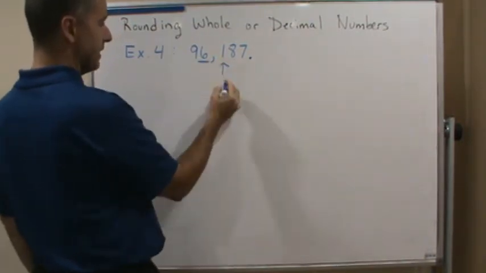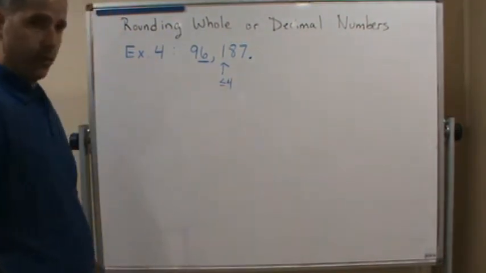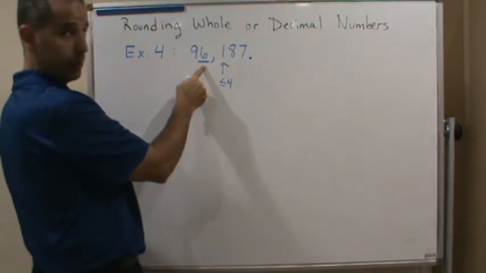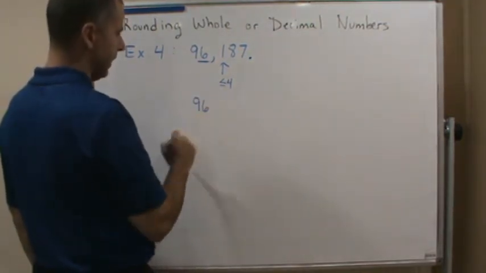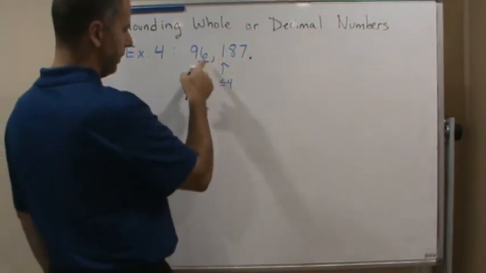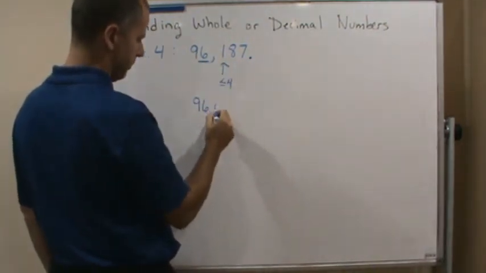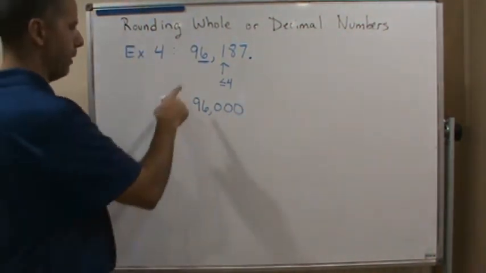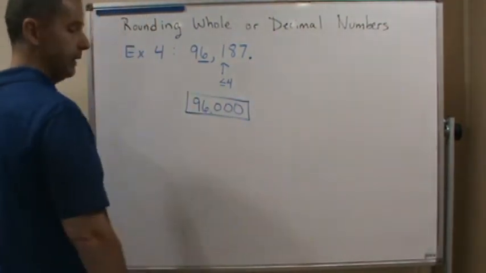In this case, this is less than or equal to 4, so we're not going to do anything to this one. We're going to leave it unchanged. So this is going to become 96, and everything between this number and the decimal point becomes zeros. So to round this number to the nearest 1,000 would be 96,000.